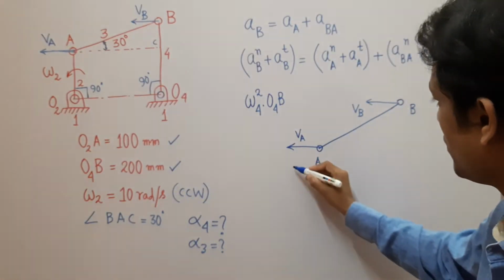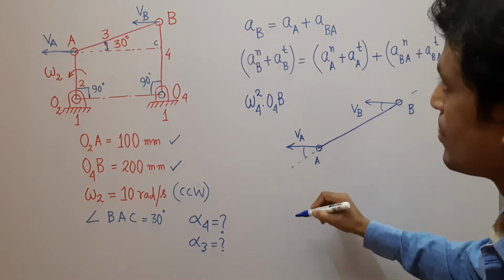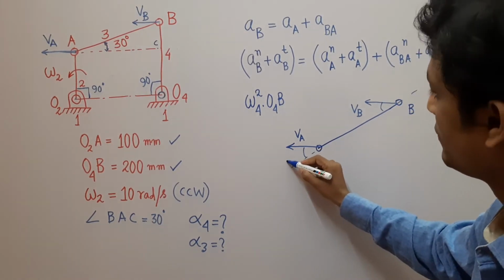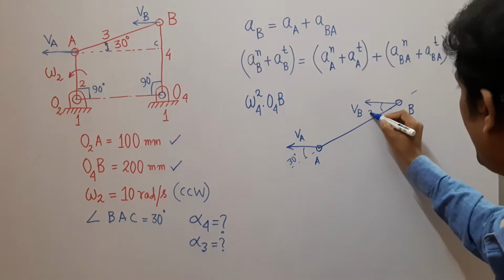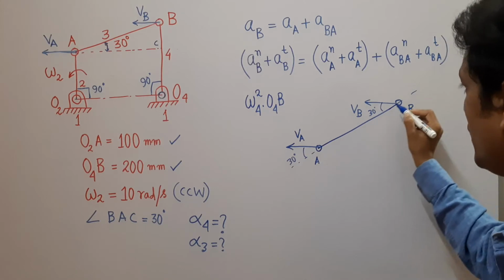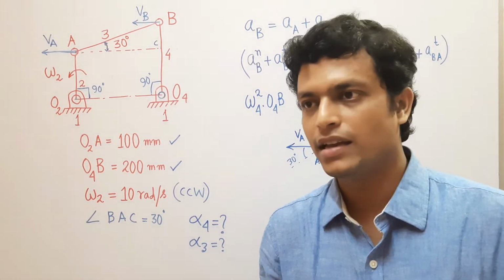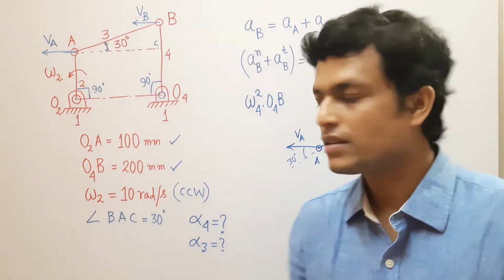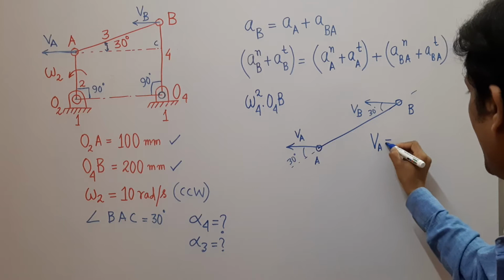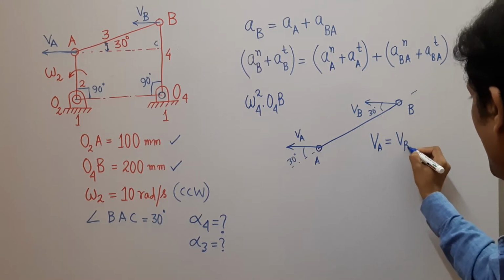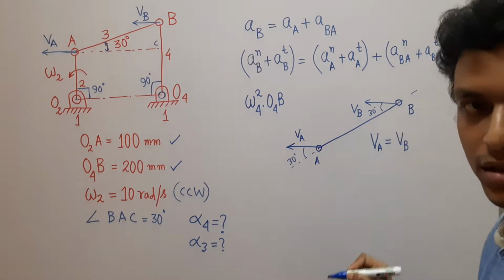Both will make same angle 30 degree, as this angle is given 30 degree. So both will make 30 degree with AB, and now both have same component along AB. This I have discussed several times. So ultimately we get what? VA is equal to VB, because VA cos 30 degree is equal to VB cos 30 degree.